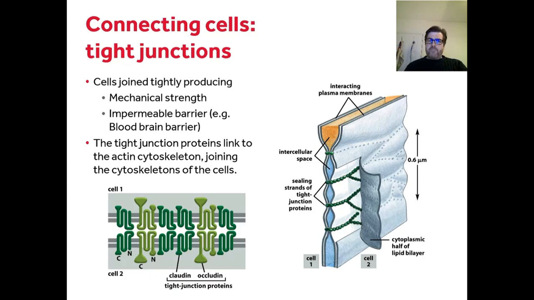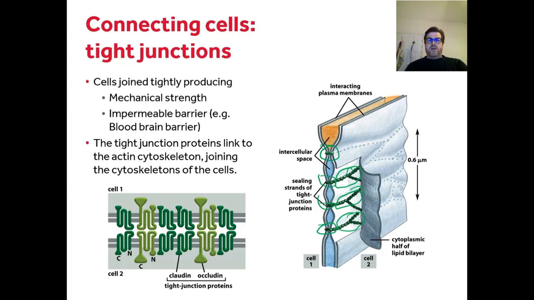Now, the proteins in the tight junctions linking to one another, they actually link to the cytoskeleton of each cell. So the tight junction proteins are linked to the actin cytoskeleton, and these are the actin filaments that we're showing here, linked to these tight junctions.